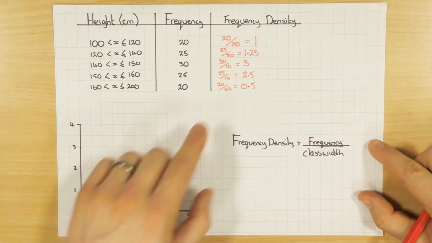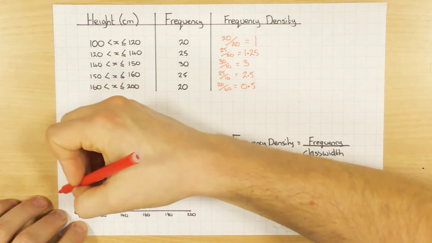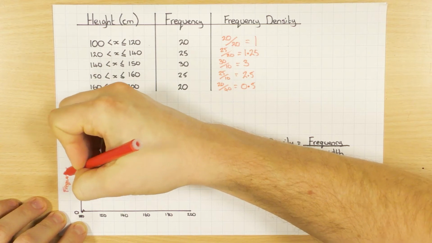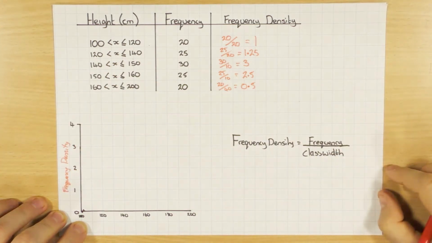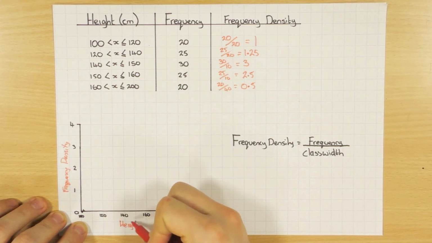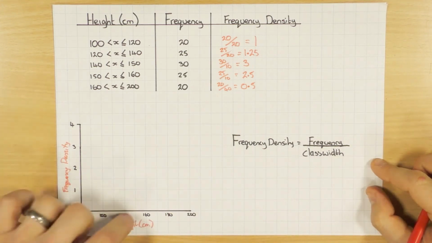Once you've done that, all you do is you plot it on the graph, where the frequency density is the y-axis and the height is on the x-axis. Okay, and do not forget to label your axes.